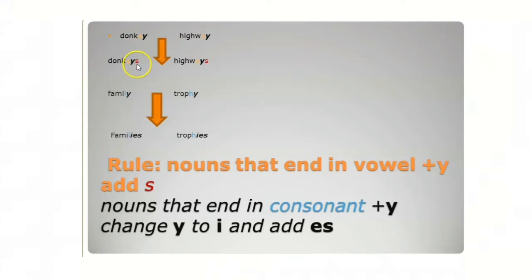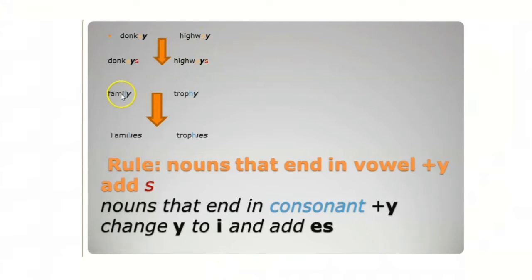I add only s. So whenever I have a noun that ends with y, I have to look at the letter preceding the y. إذا كانت vowel, directly I add s. Like donkey, donkeys. Highway, what do we have before y? كمان عندي a, which is a vowel, so I only add s.